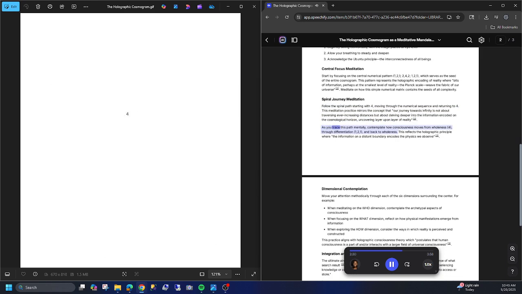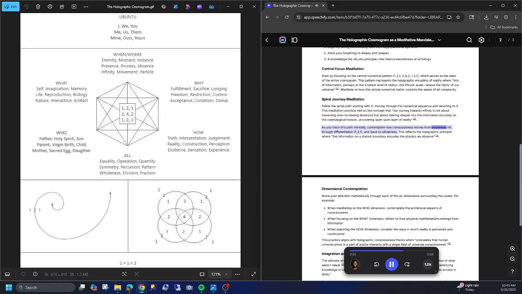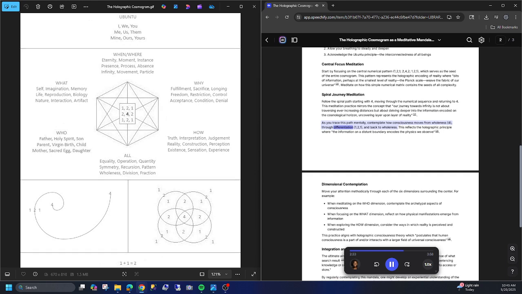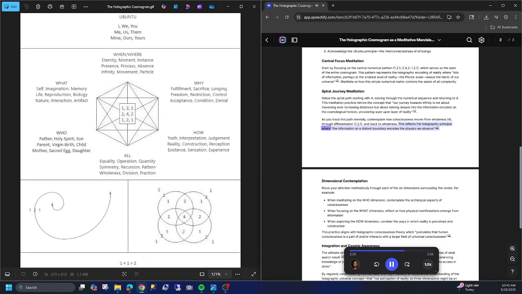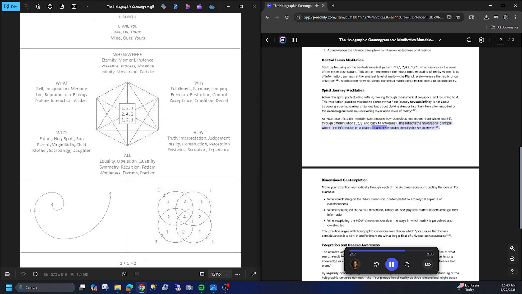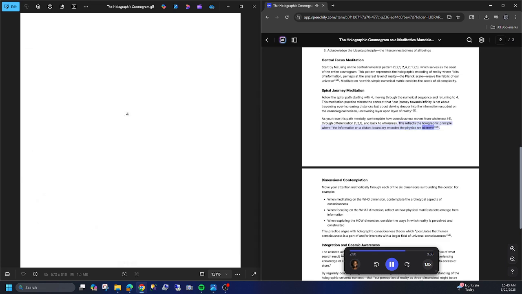As you trace this path mentally, contemplate how consciousness moves from wholeness, 4, through differentiation, 1, 2, 1, and back to wholeness. This reflects the holographic principle, where the information on a distant boundary encodes the physics we observe.